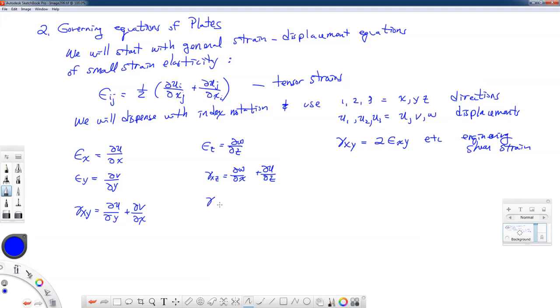And then finally gamma yz is equal to partial of w with respect to y plus the partial of v with respect to z. Now, for our case, we're going to neglect the strains that are out of plane, out of the xy plane. So epsilon z, gamma xz, and gamma yz, we're going to assume are negligible.